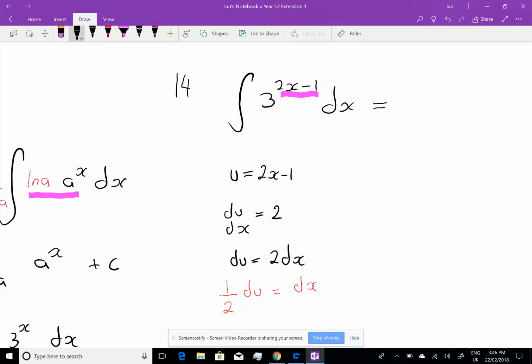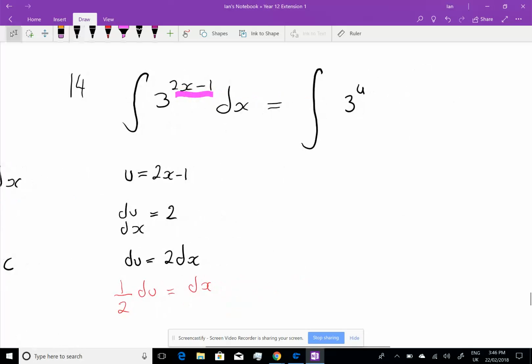The integral of 3 to the u. Now, I don't have 2 dx there, but again, I'm going to do some hokey pokey. I put the 2 in and I took the 2 out. Now I have a half out the front, 3 to the u du.